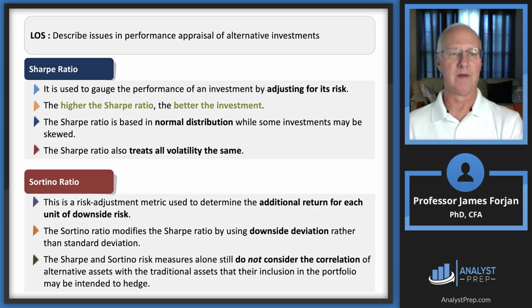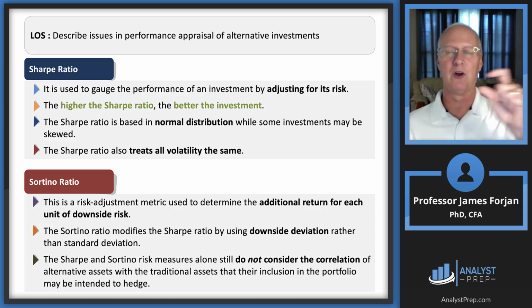So notice what we have in green there. Higher the Sharpe ratio, the better the investment, the better performance. So that makes sense. But here, this is key, that third one. The Sharpe ratio is based on a normal distribution. So note, we have return in the numerator and standard deviation in the denominator.